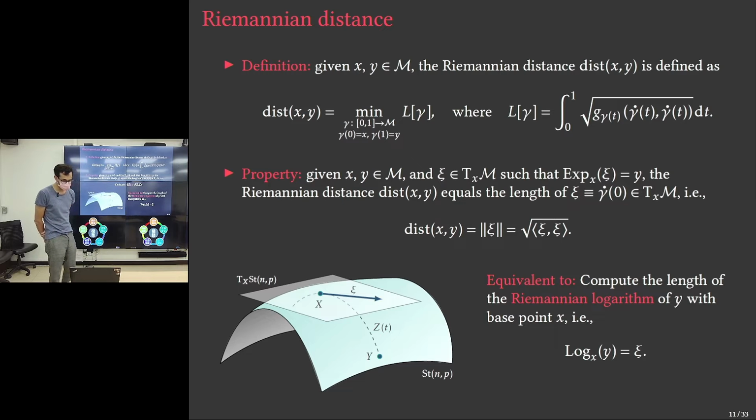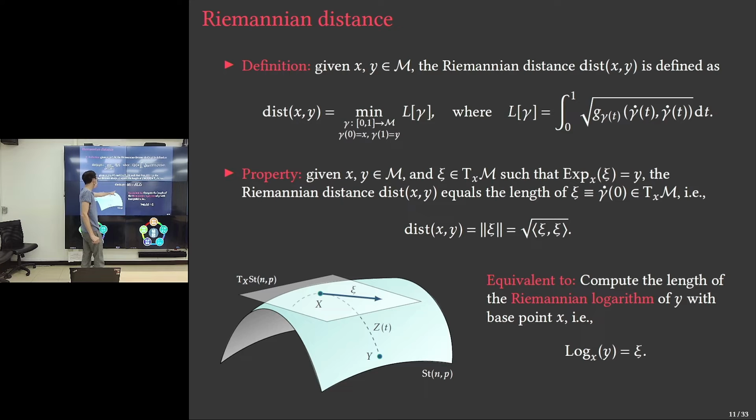This is the general definition. From the practical point of view, what we do on matrix manifolds is that if we are given two points x and y, and xi such that it maps to the second point, then the distance equals the length of the tangent vector which gives the direction of the geodesic.